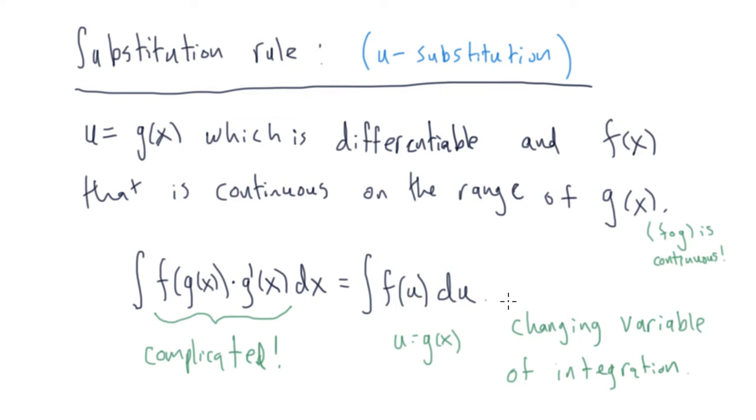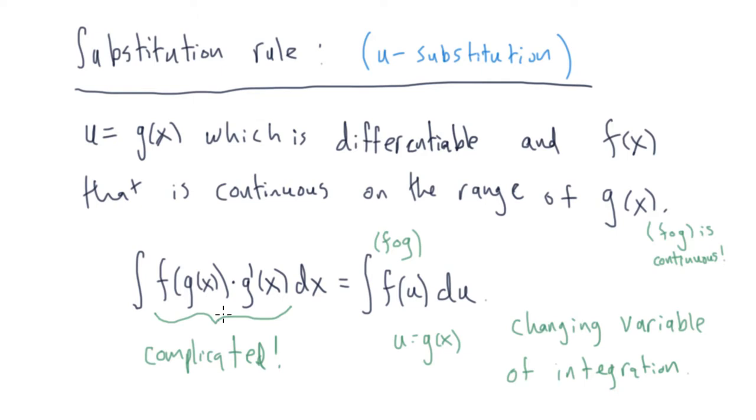Okay. And like I said, as you can see, this is just f composed g, which is continuous, like we said. So it actually makes sense to take an antiderivative.